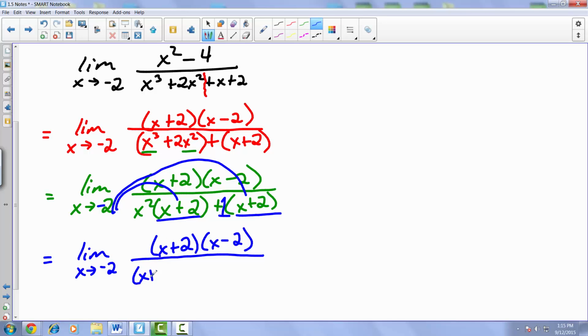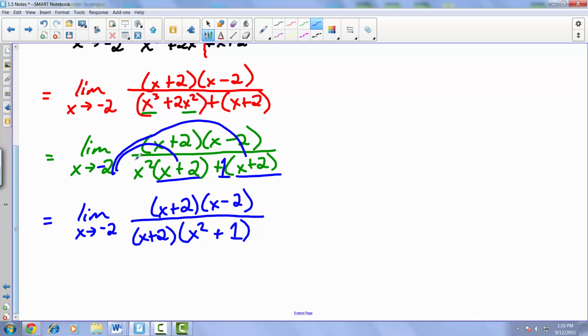So then we end up with x plus 2 times, well, what times x plus 2 gives us x squared times x plus 2? Well, this x squared would accomplish that. Likewise, what times this x plus 2 would get us this 1 times x plus 2? Well, the 1 would do that. So that 1 really acts as a placeholder for that x plus 2.